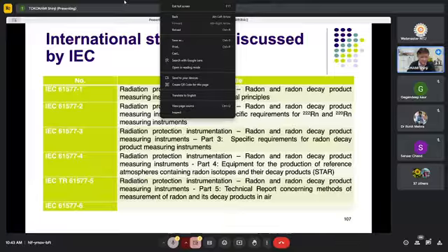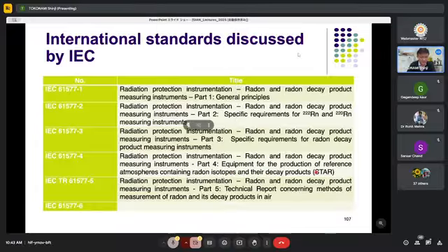Part 2, specific requirements for Radon 222 and Radon 220 measuring instruments. Part 3, specific requirements for radon decay product measuring instruments. Part 4, equipment for the production of reference atmospheres containing radon isotopes and their decay products, namely STAR.